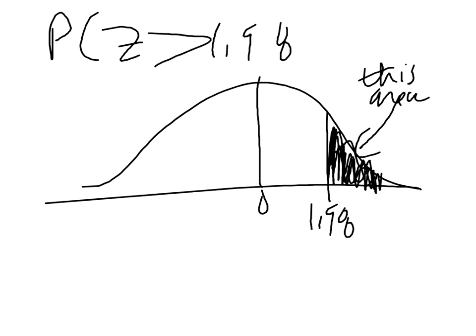Well, let's see if this makes sense. Our tables will tell us what everything to the left of 1.98 is, and once we find that, we'll subtract it from 1, and what will be left will be basically this area here, which would be like its complement.